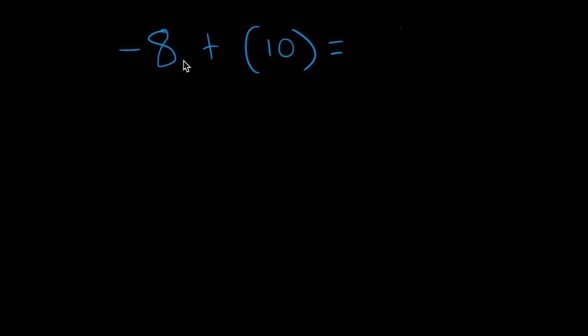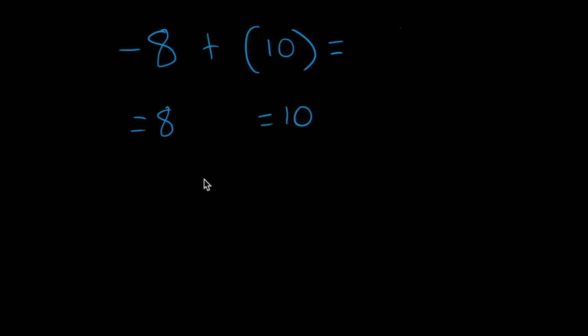Okay, I'm adding two numbers with opposite signs. Mentally, look for the absolute value of both. The absolute value of -8 is 8. The absolute value of the number 10 is 10.